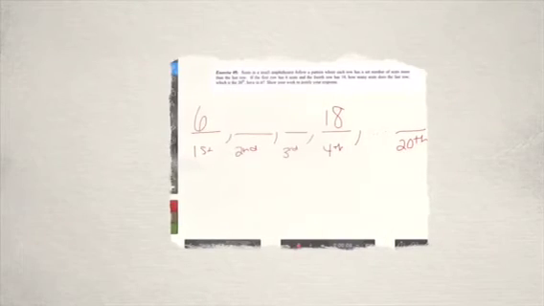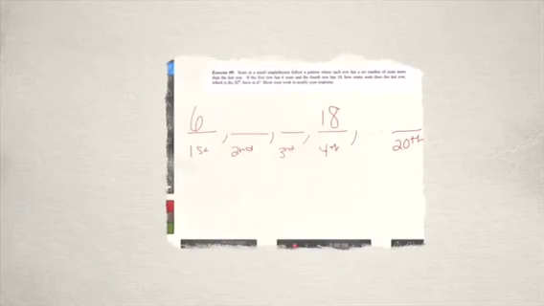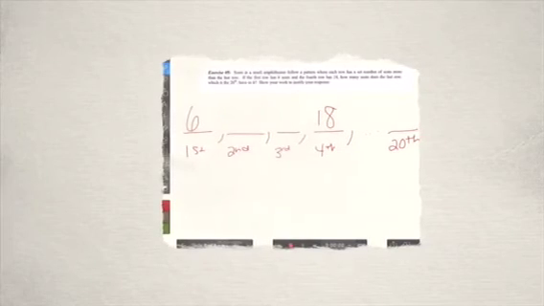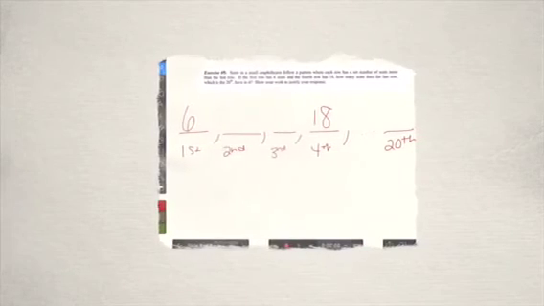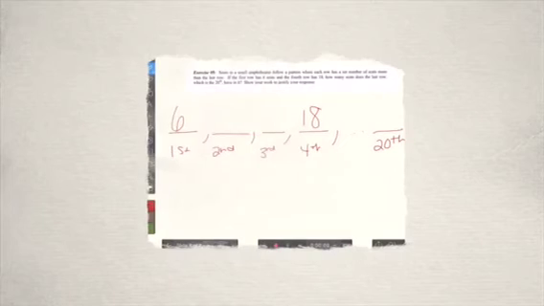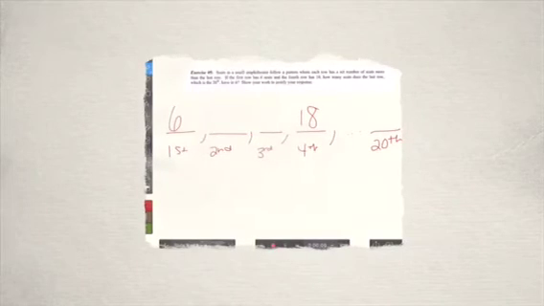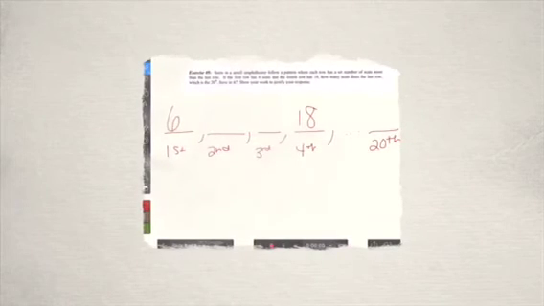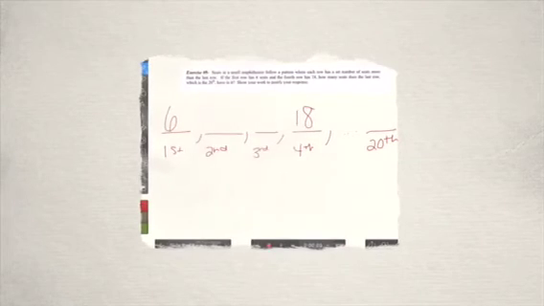The first thing we're going to do here is draw a diagram for ourselves like I have drawn. We know that the first row has 6 chairs and the fourth row has 18. We are looking for the 20th, so I kind of drew a sketch out like we practiced yesterday. If you need to pause to copy, do so now.